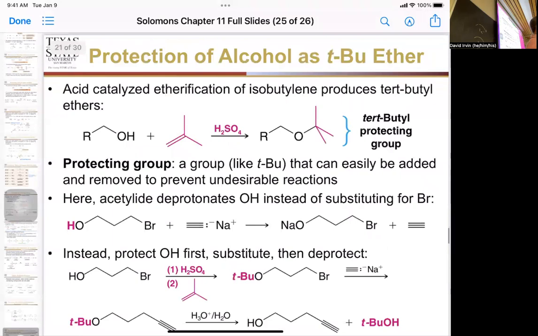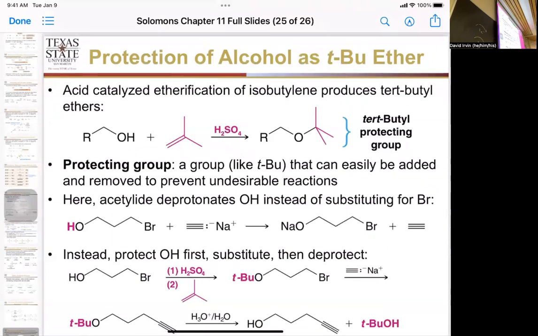Okay, so what if you wanted to do a reaction, like let's say you wanted to extend the chain of your alcohol? You have an alkyl halide on one side and alcohol on the other side, and you want to add an acetylene to it, right? So if you deprotonate that acetylene, that turns it into a very strong base. Okay, so we have our acetylene, we add our sodium amide to make our acetylide ion.